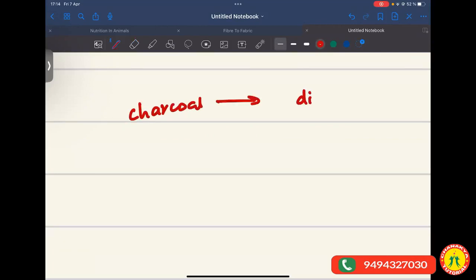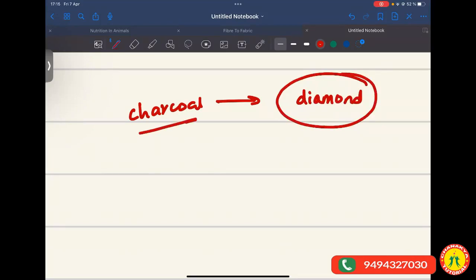It becomes diamond. So the basic raw material for creating diamond is charcoal. Without charcoal, there can be no diamond.